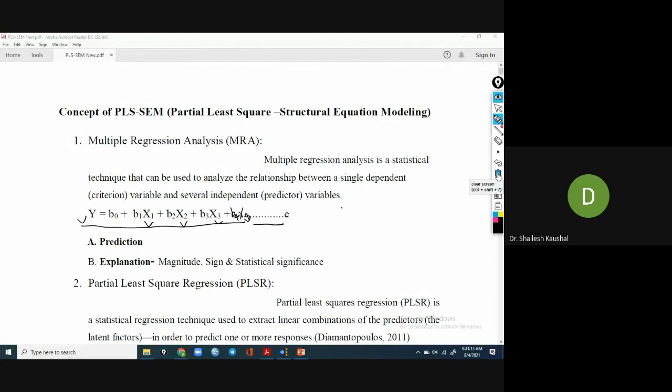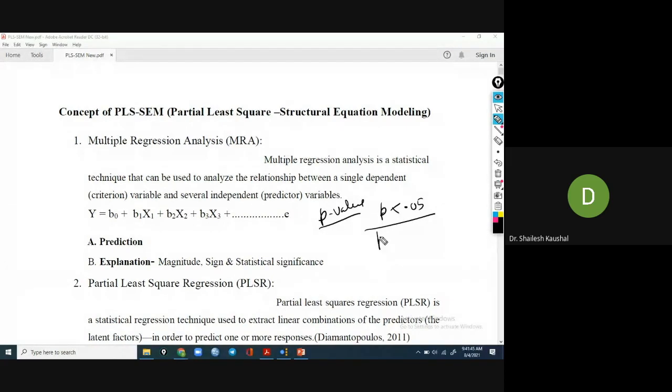Then how will we decide whether the other 5 independent variables are not significantly contributing? The p value decides. If the p value of an independent variable is less than 0.05, it means the independent variable is significantly contributing.